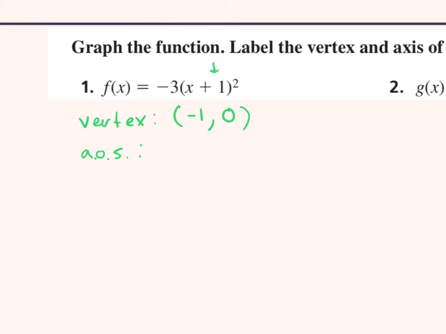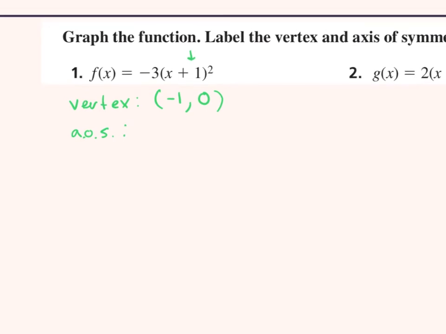So remember, we changed the sign of the thing inside of our parentheses, and then we're not adding anything on the outside, so it would just be 0. What's our axis of symmetry? -1. Awesome, -1.